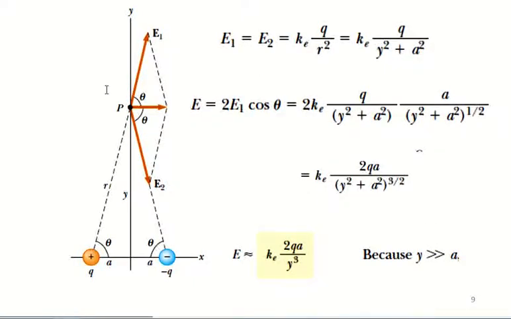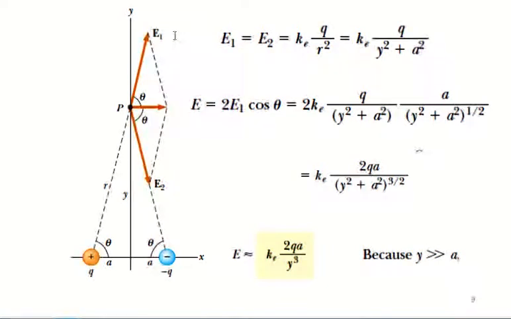This is the direction of the electric field at point P due to charge q, and we call it E1. Since it is not pointing along any of the axes, this is the x-axis, this is the y-axis, it is in between these two, so it would have a component along the x-axis and another component along the y-axis.